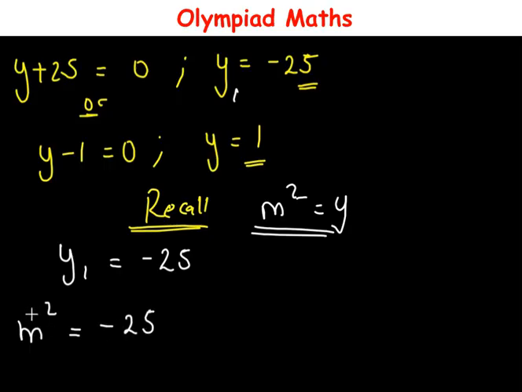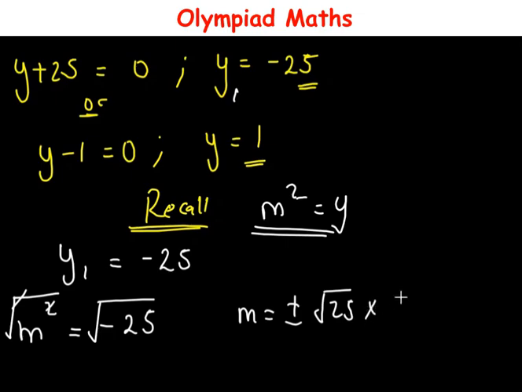To then solve for m, simply square root both sides of the equation, square cancels square root, we have m is equal to plus or minus root 25 times root minus 1. So m is equal to plus or minus, root 25 is 5, then times root minus 1 is i.